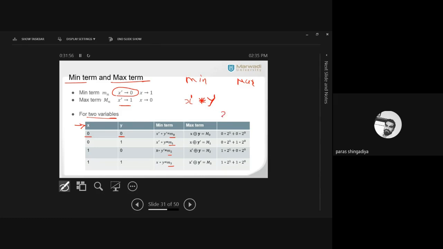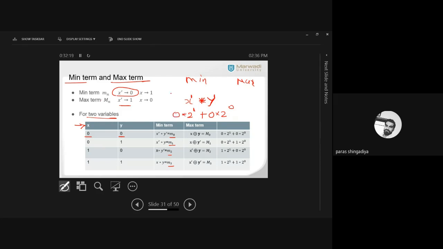We'll multiply 2 raised to 0 with the output of y dash. What is the output of y dash? That is equal to 0. Then after adding a plus, we'll multiply the output of x dash with the next power, 2 raised to 1, into 0.